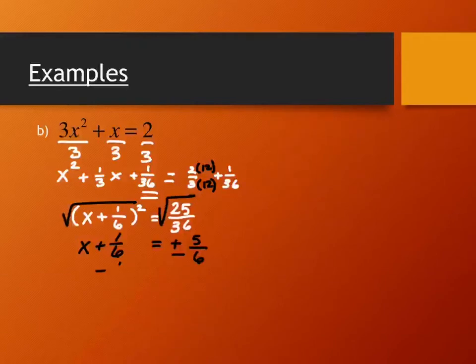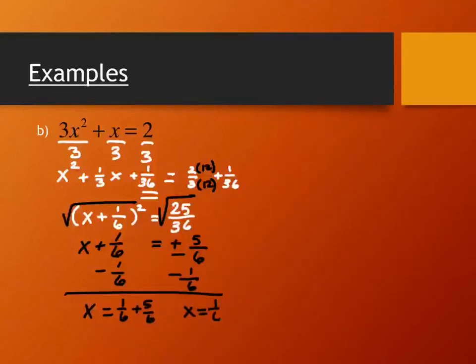Okay, we're almost done. We're going to subtract the 1/6 to the right-hand side. Oops, 1/6, not just 6. And it's not especially pretty, but we can actually simplify both of these. So I have x equals 1/6 plus 5/6, and I have x equals 1/6 minus 5/6. Now, I had mentioned this process earlier, we just didn't have one that was actually helpful to rewrite. 1/6 plus 5/6 would be 6 over 6, and 6 over 6, as you're very well aware, is 1.